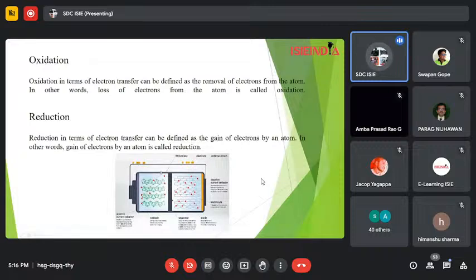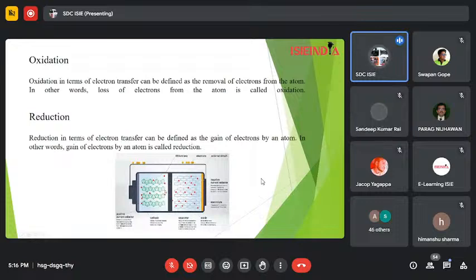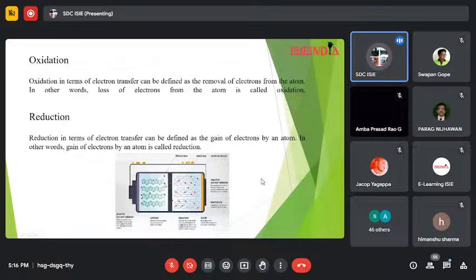Those electrons will be transferred through the external circuit because the separator will not let the electrons pass through the internal circuit. So the lithium ion will break off one electron, and that electron will come from the external circuit. You can see the red color; these are the lithium ions. These lithium ions will move through the internal circuit. The electron and the lithium ion will combine here, and they will be stored inside the intercalated layer.